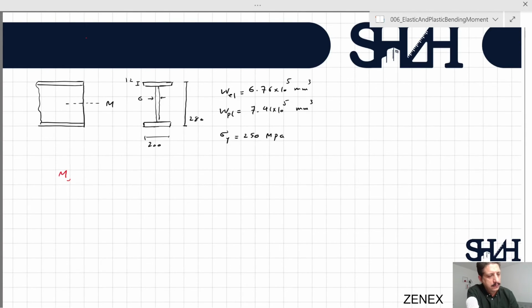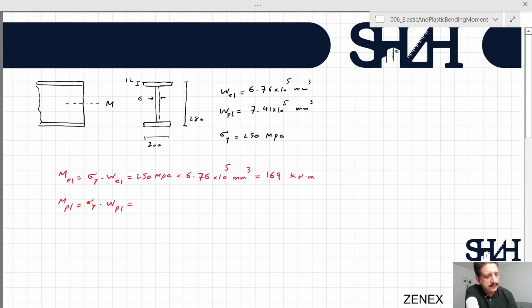Now elastic moment will be sigma y times W elastic, and it's 250 megapascal times 6.76 10 power by 5. So it will be 169 kilonewton meter. And plastic moment will be sigma y times W plastic, which is 250 megapascal times 7.41 10 power by 5.